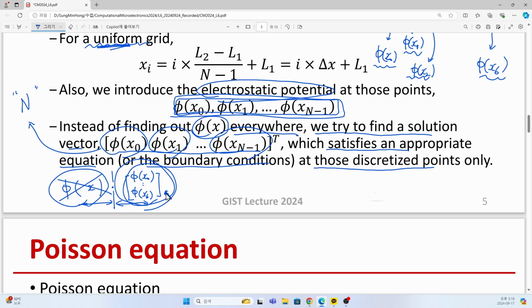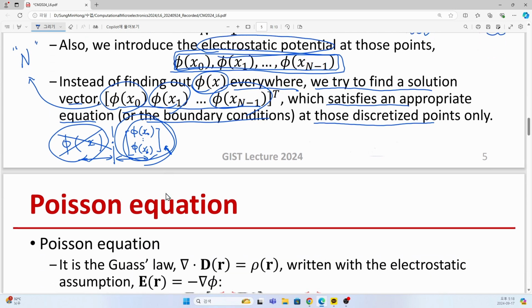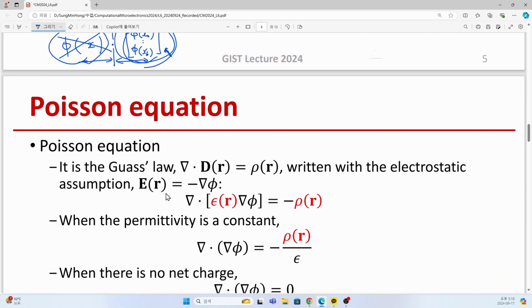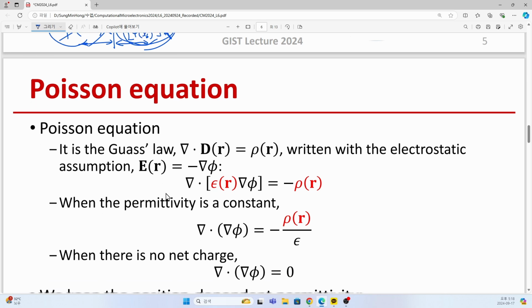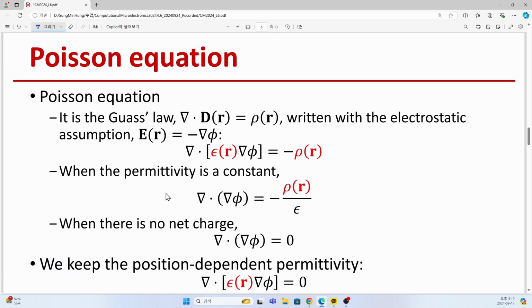By performing this numerical analysis, we always get an approximate solution of the original problem. So don't overemphasize or overestimate the solution we get out of this numerical analysis. Anyway, please keep this in mind.